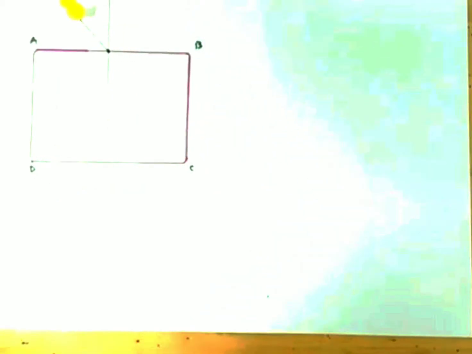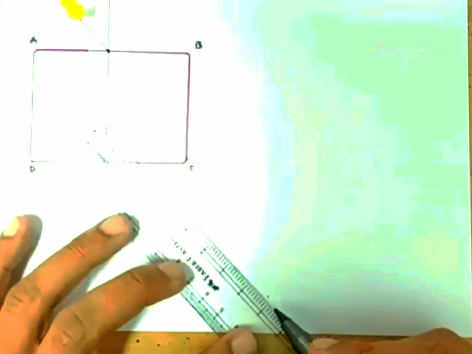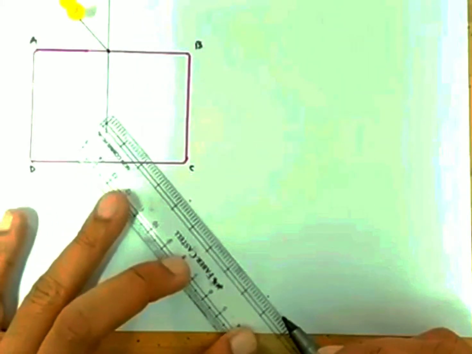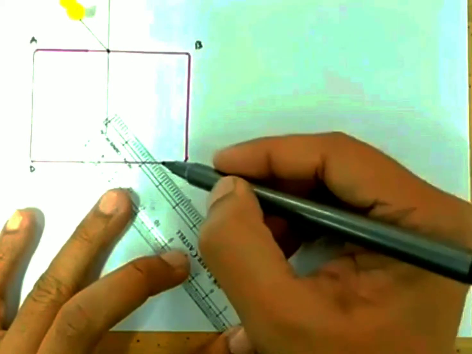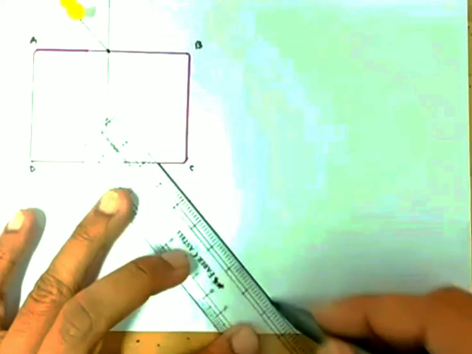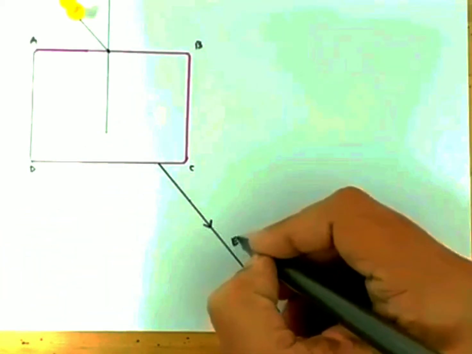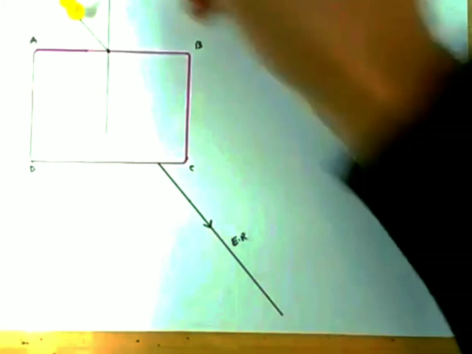Now we will join these two lines with CD with the help of scale and pencil. Once we draw this line, this will be considered as the emergent ray.